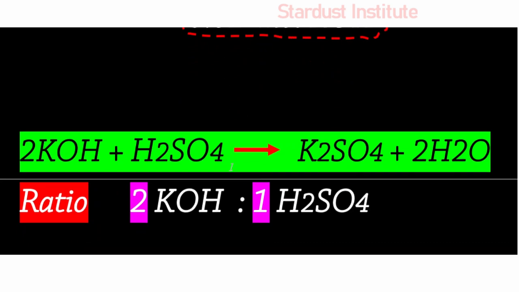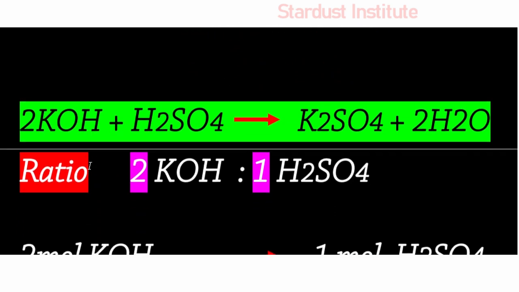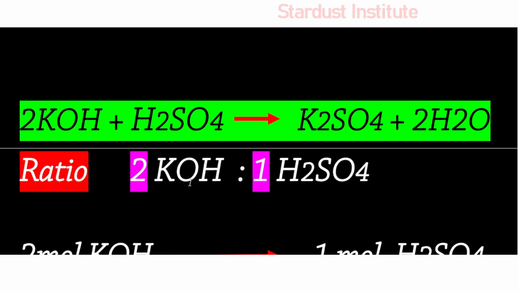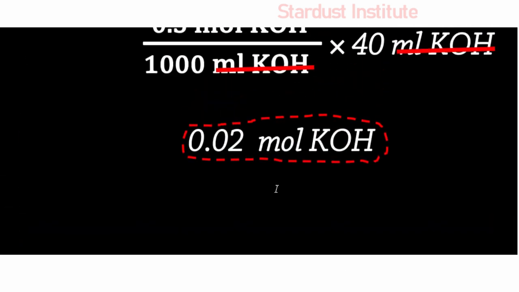This is the balanced chemical equation. According to the balanced chemical equation, you can see to react with 2 moles of KOH, 1 mole of sulfuric acid is required. Now, in that 40 milliliters of potassium hydroxide solution, there are 0.02 moles of KOH.